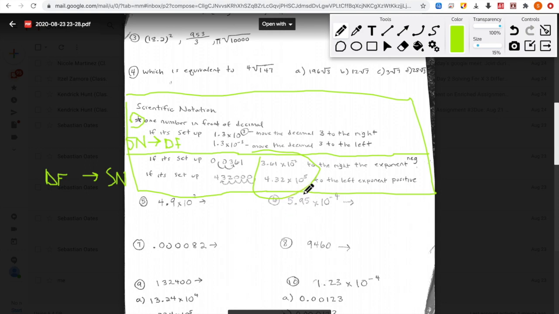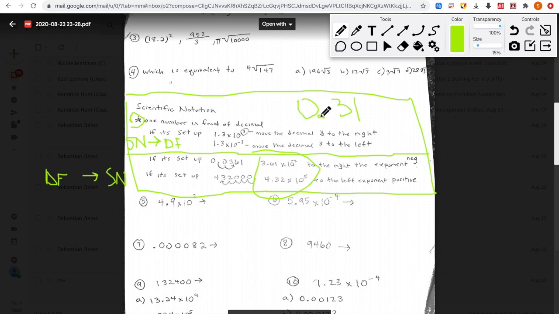One more piece of information: the number in front of the decimal cannot be 0. For instance, if you had 0.31, you can't do that. The number has to be a number between 1 and 10. It could be 1, 2, 3, 4, 5, 6, 7, 8, 9, but it can't be 0.